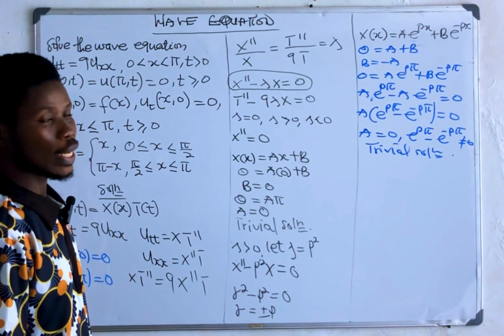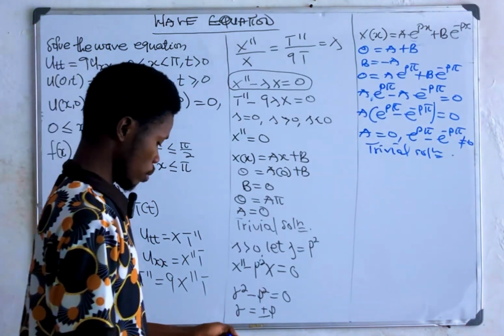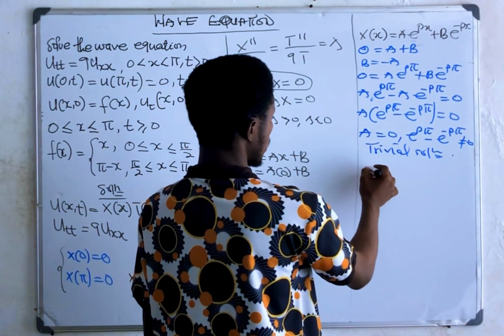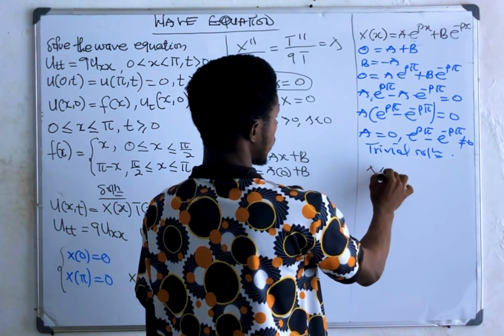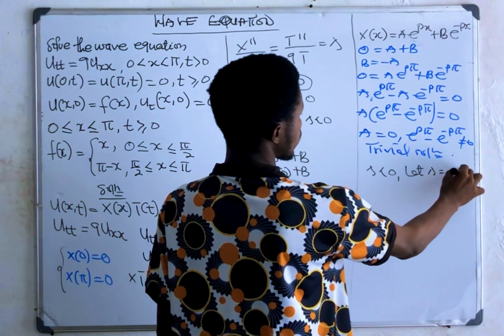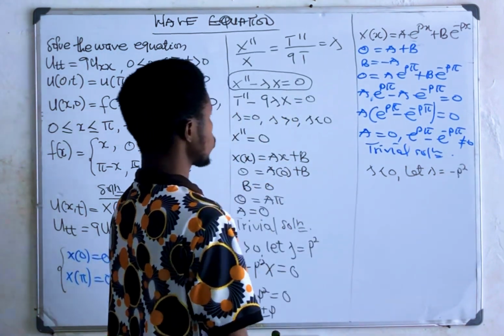So we move to case number 3. So case 3, you say that lambda is less than 0. So you say let lambda equal negative p squared.